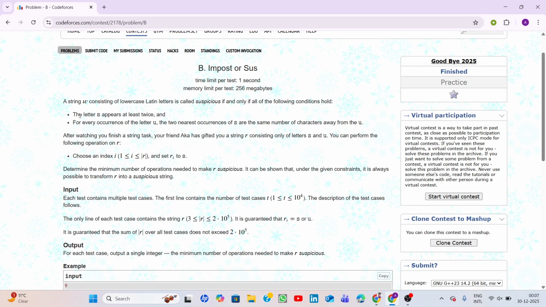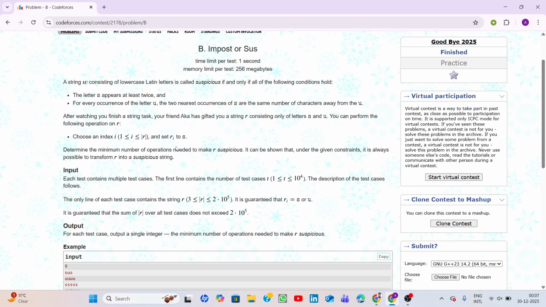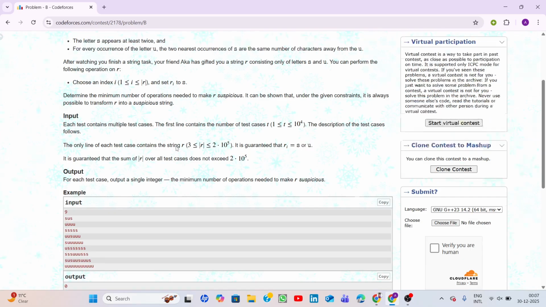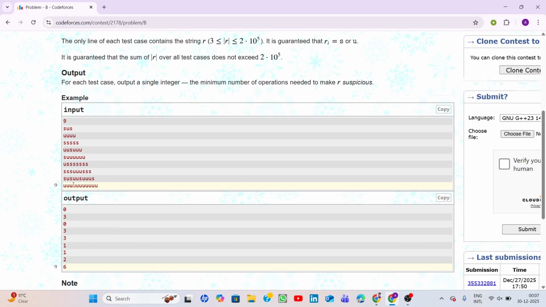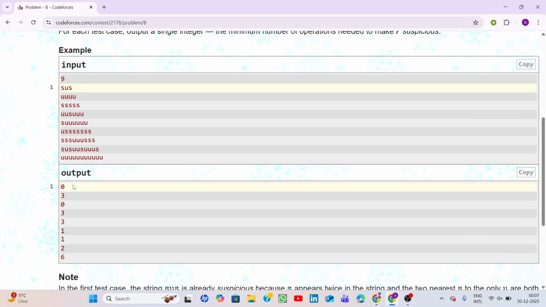You have to satisfy these conditions: the string should have at least two S's, and for every occurrence of U, the distances to the two nearest S's from the U should be the same. That is what is asked in this question.